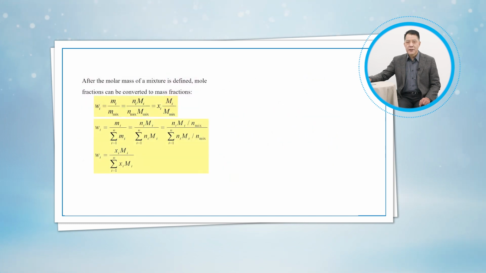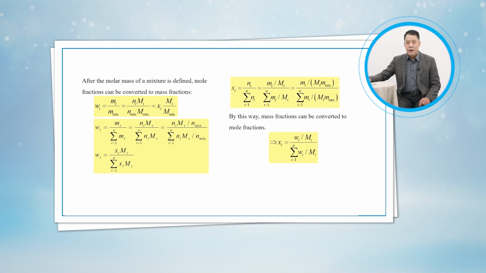After the molar mass of a mixture is defined, mole fractions can be converted to mass fractions. By this way, mole fractions can be converted to mass fractions. Also, based on the known molar mass of a mixture, mass fractions can be converted to mole fractions. By this way, mass fractions can be converted to mole fractions.